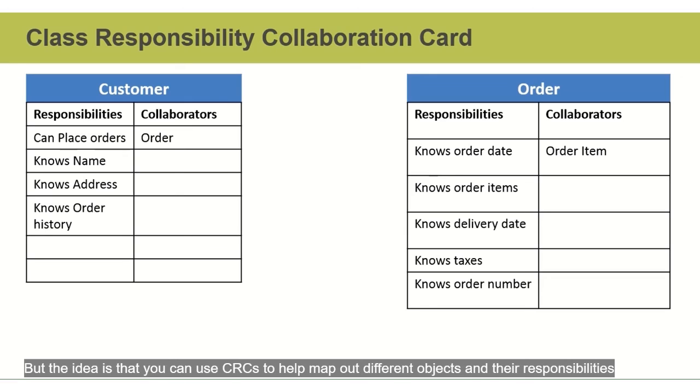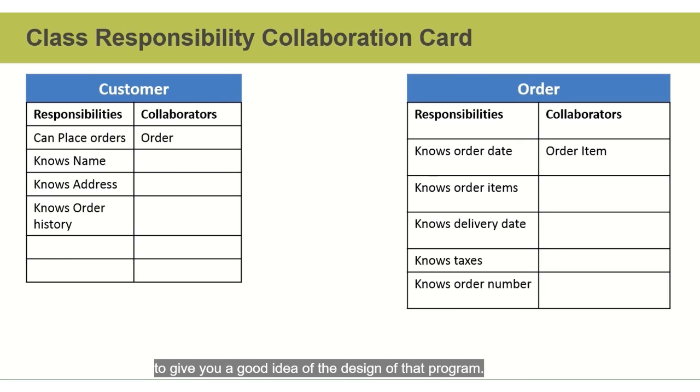But the idea is that you can use CRCs to help map out the different objects and their responsibilities and how they interact with one another before you start actually building the program, to give you a good idea of the design of that program.